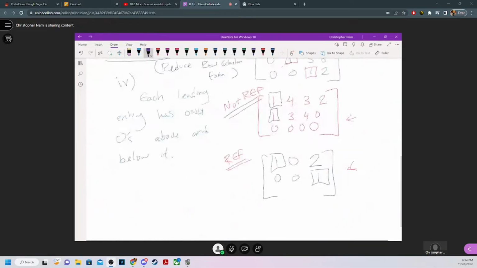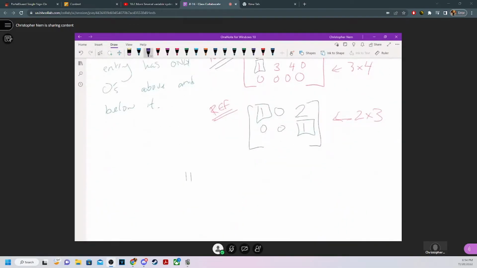So, let's identify if they're in row echelon form, reduced row echelon form, or neither.